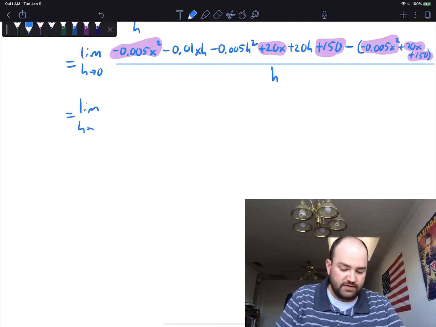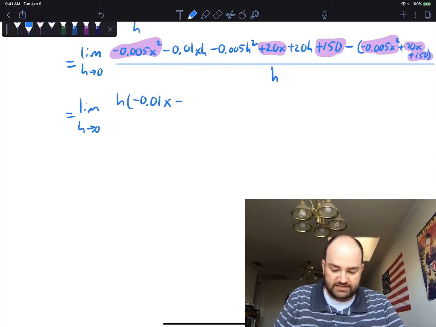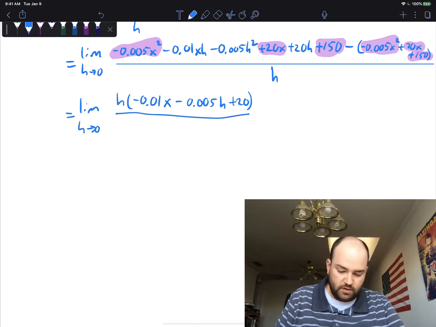So we have the limit as h goes to 0 of h times (negative 0.01x minus 0.005h plus 20), and then all over h.